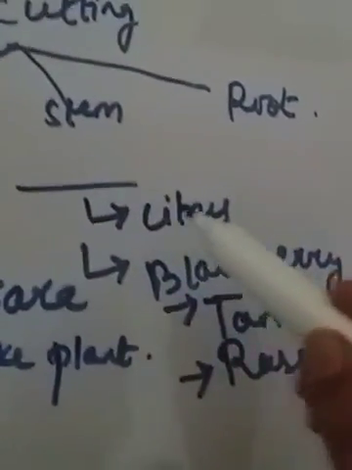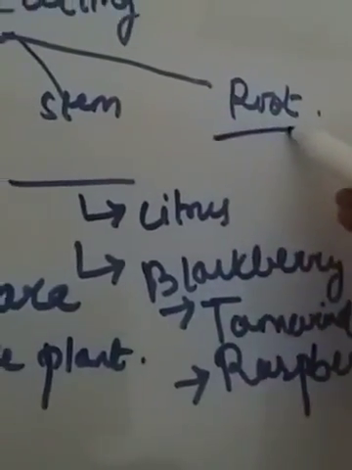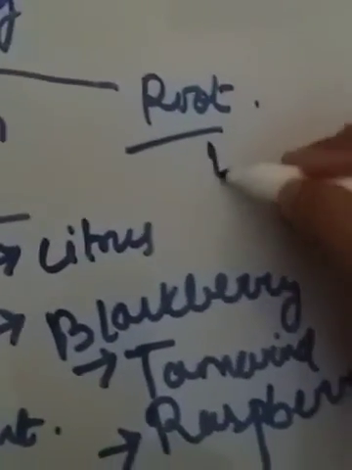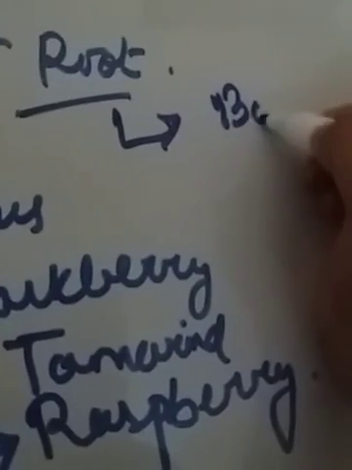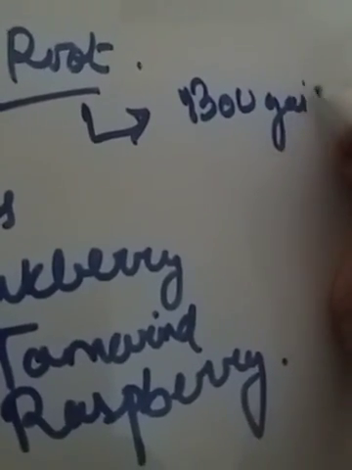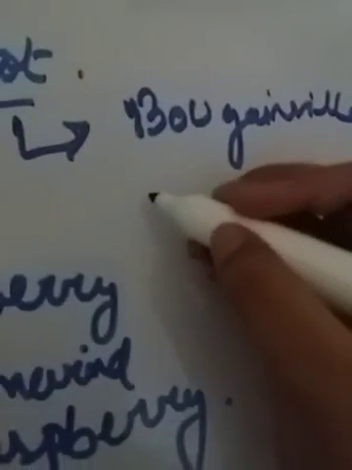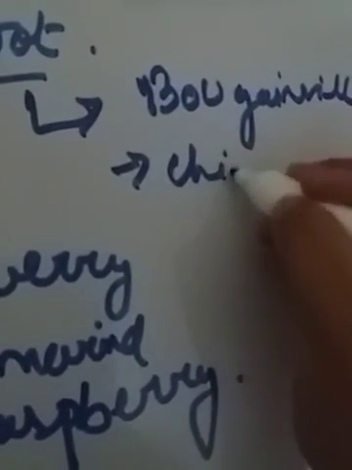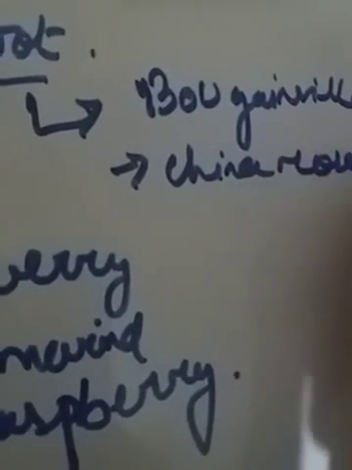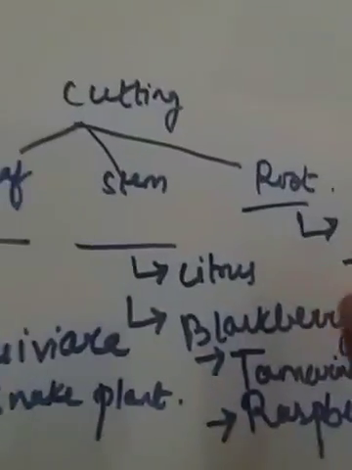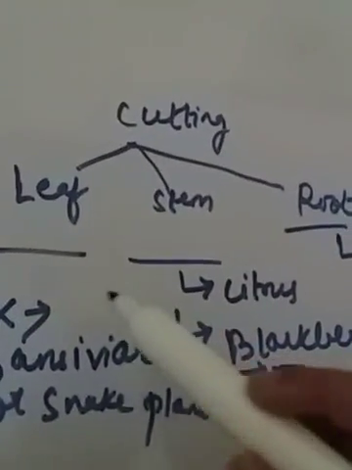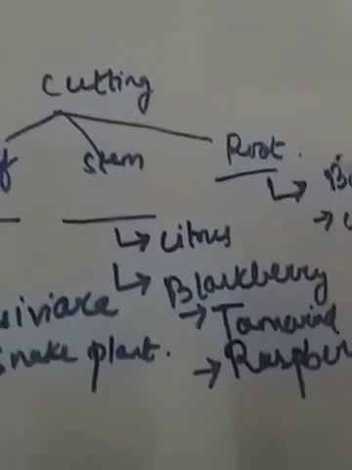These are the examples of stem cutting plants. Now we'll see about the rose cutting: Bougainvillea and China rose. So these all were the examples of leaf, stem and root cutting.